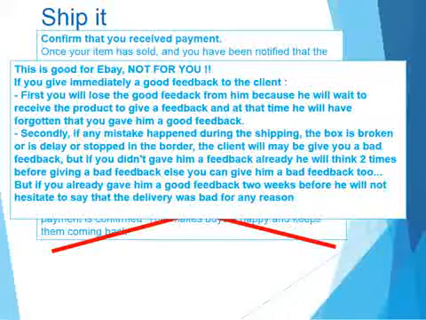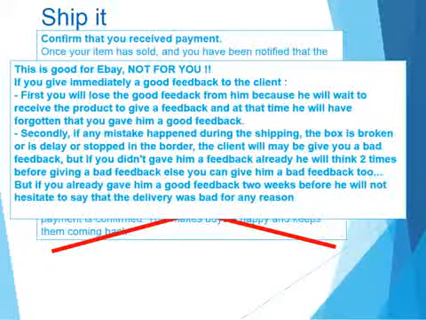Plenty of problems can happen when the product is shipping: the box can be broken or damaged when it arrives, or it can be stopped by the border, especially in Europe, because the border stops everything from China. You can have a lot of different problems.